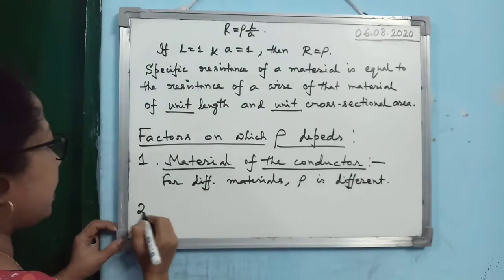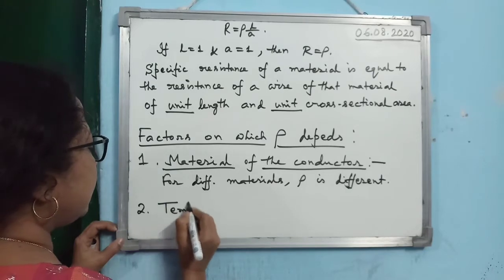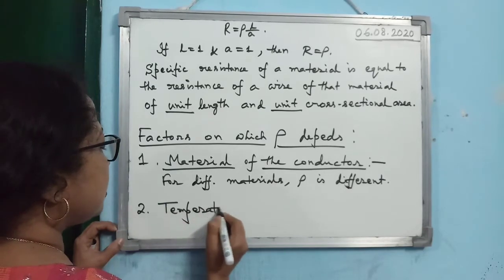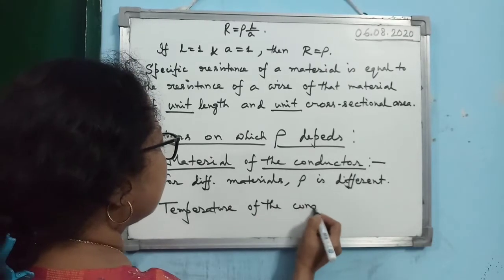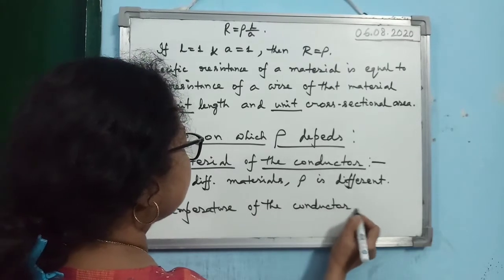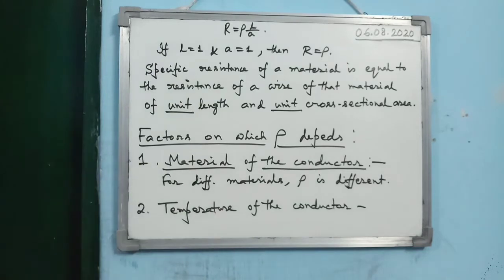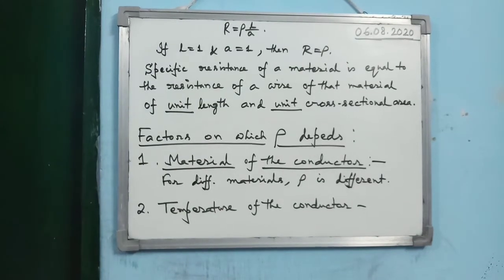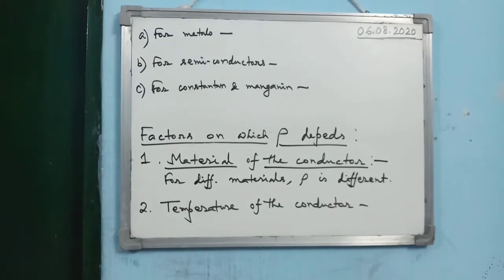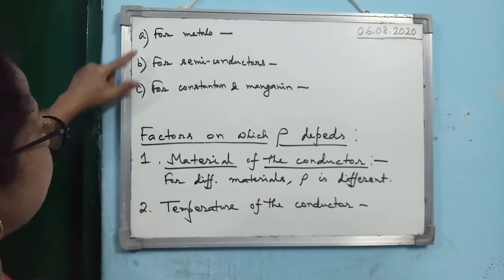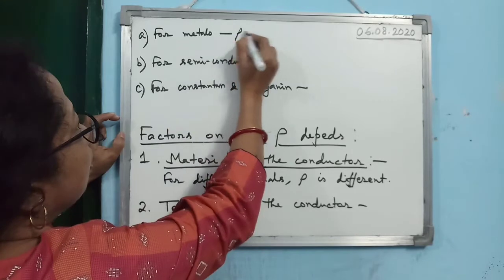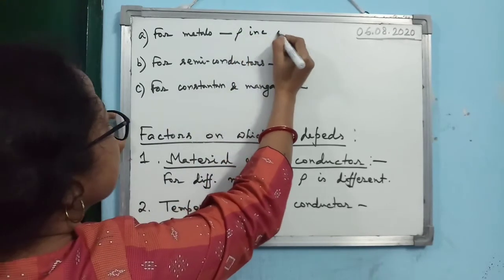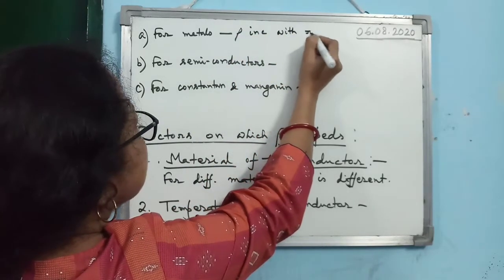Second point, it depends on the temperature of the conductor. Now how does it depend on the temperature? For metals, rho increases with rising temperature.